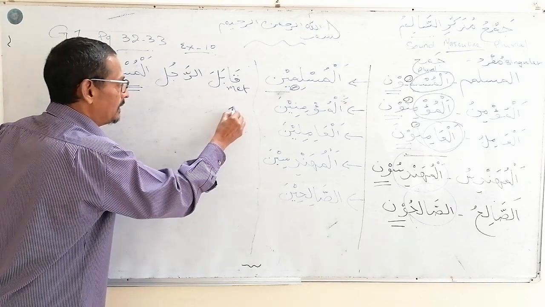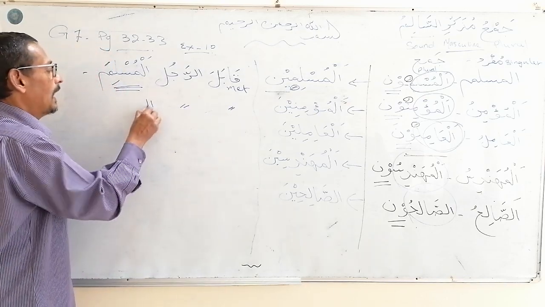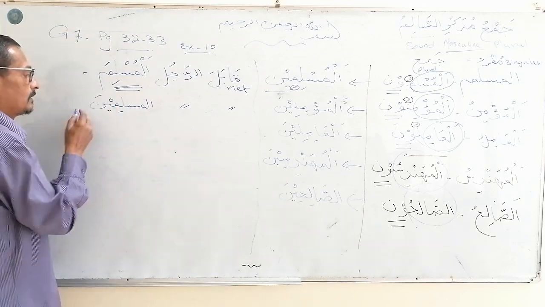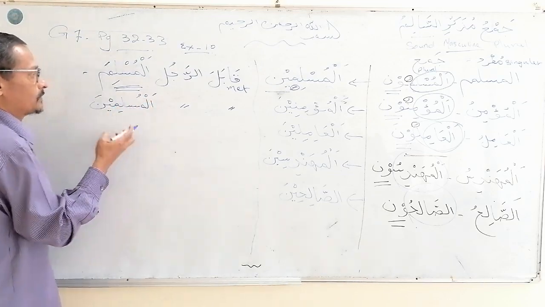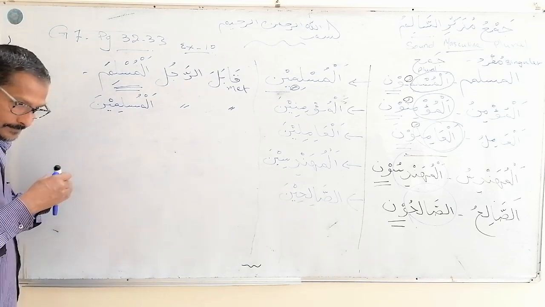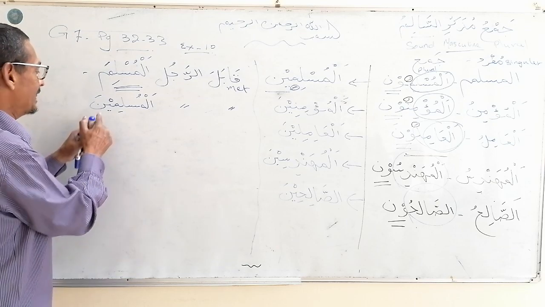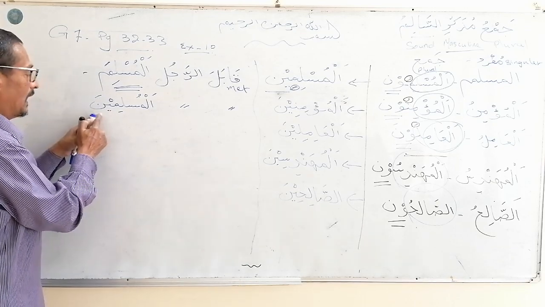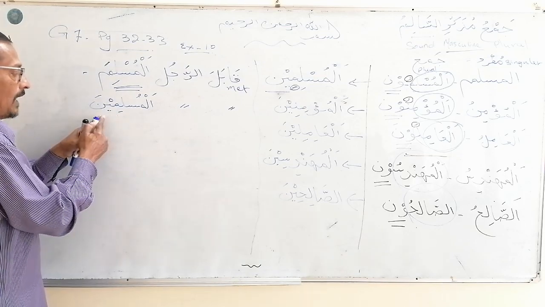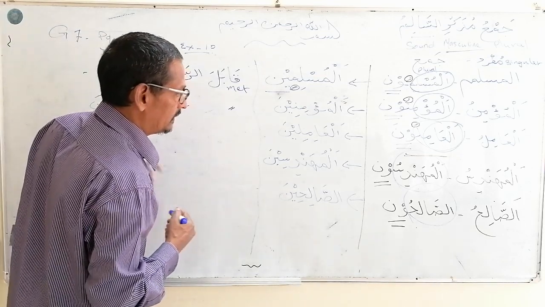We will say qabala al-rajulu al-muslimina. So when the sound plural is used as an accusative object, complement d'objet, it ends with ya and noon. And before ya you put kasra. You see how it is used with ya and noon.